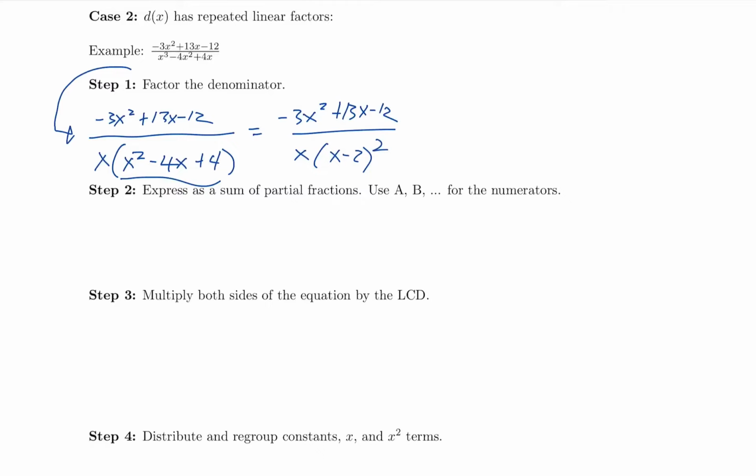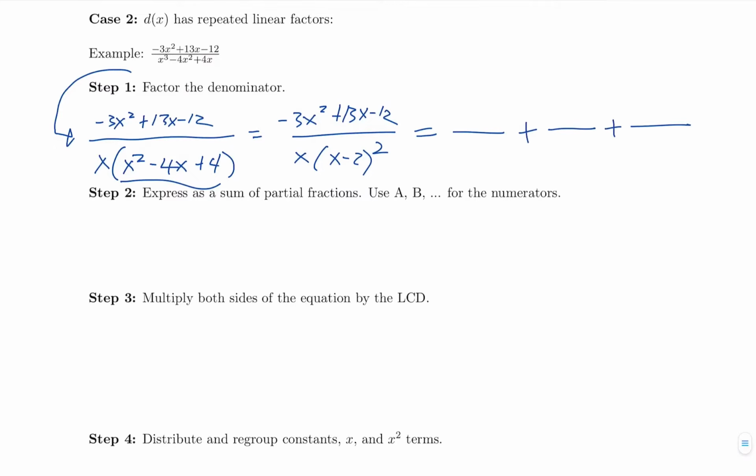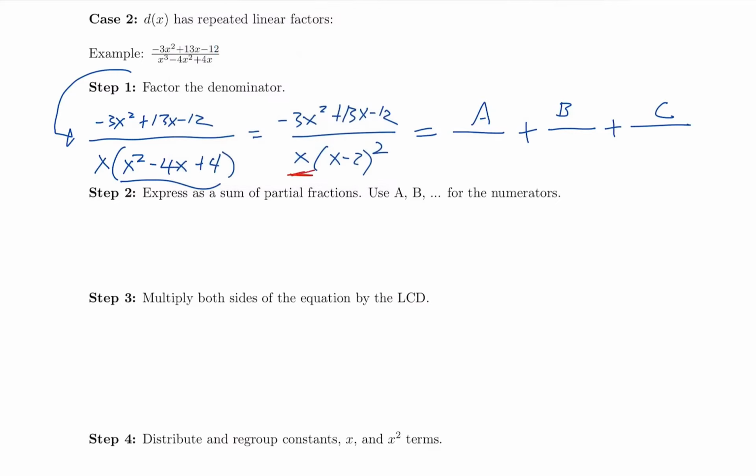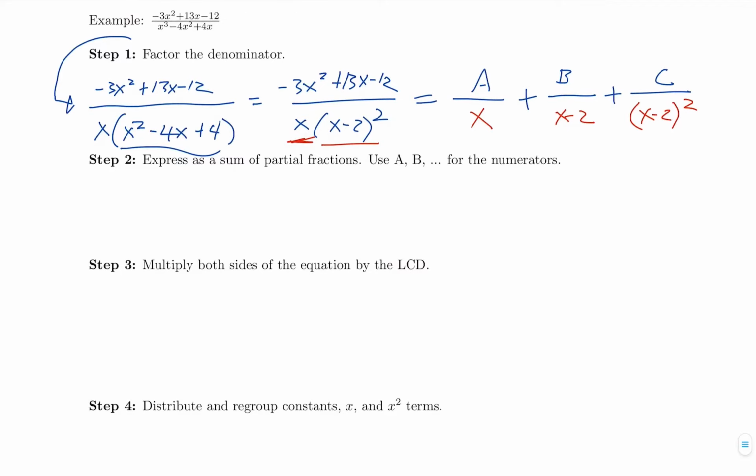Now when we have a repeated linear factor, we have 3 fractions. So let's just write 3 fractions first. We can just pick the letters A, B, C. Now what goes in the denominator? First we'll have just x, and then the factors x minus 2 and x minus 2 squared.